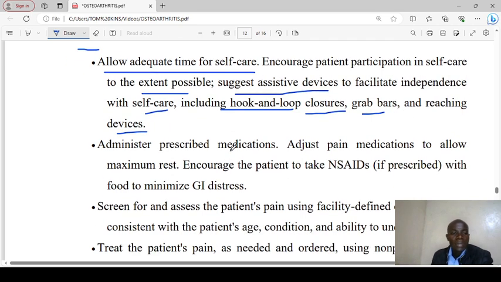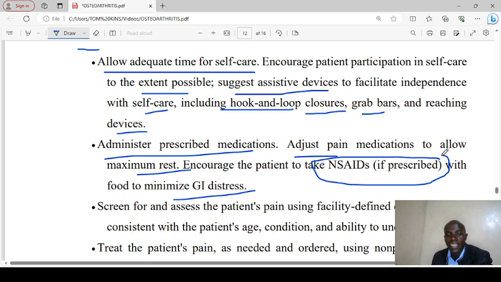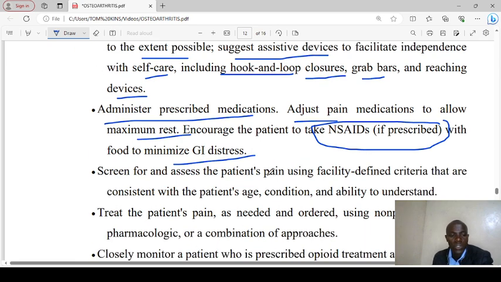You also need to administer the prescribed medication, and this could majorly be pain medication to allow maximum rest, and encourage the patient to take NSAIDs with food to minimize GI distress. Okay, this is the nursing responsibility that you need to know.